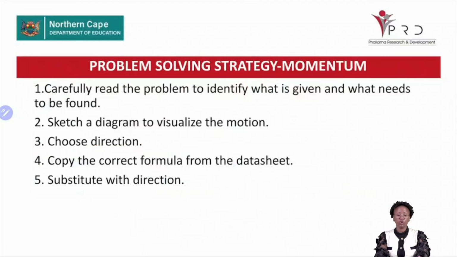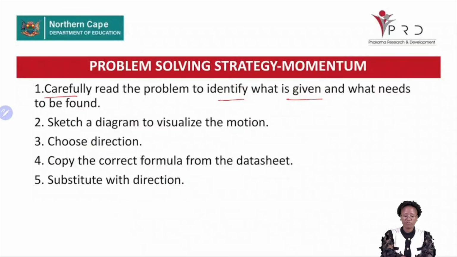Now let's quickly move on to the problem solving strategy that you need to consider as you are doing your calculations. First of all, you need to carefully read the problem to identify what is given and what needs to be found. As you do that, you choose your direction, then you collect your data together with the sign, so that when you do your substitution, it becomes very easy.